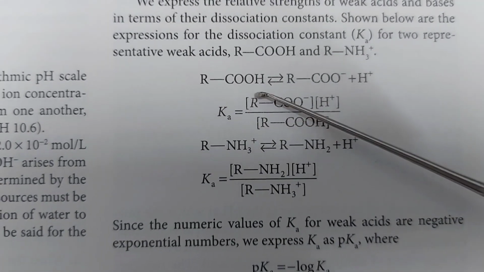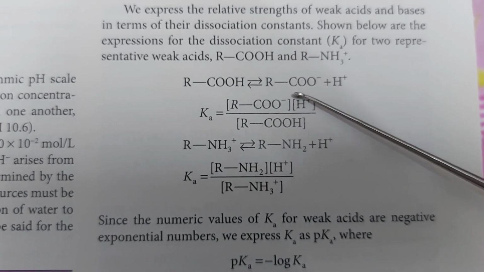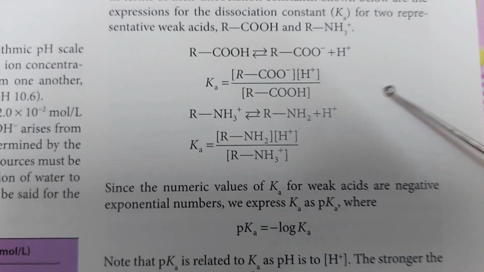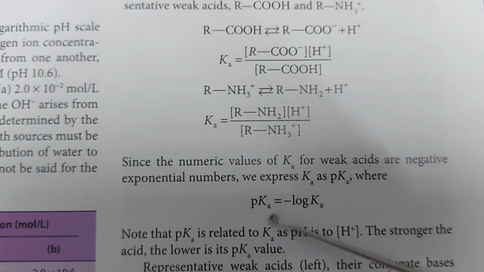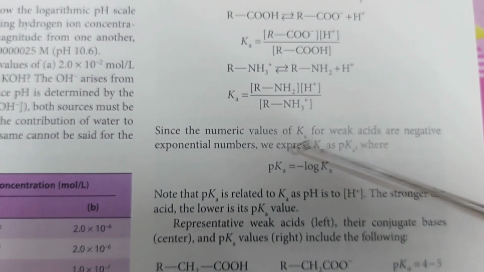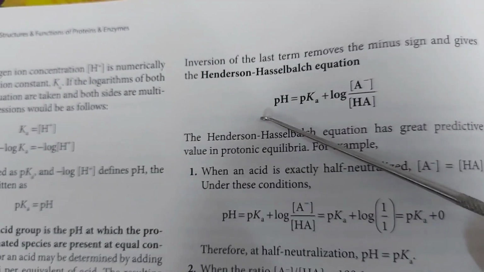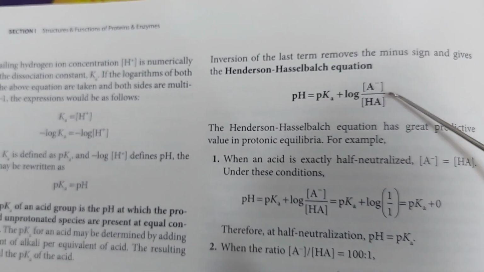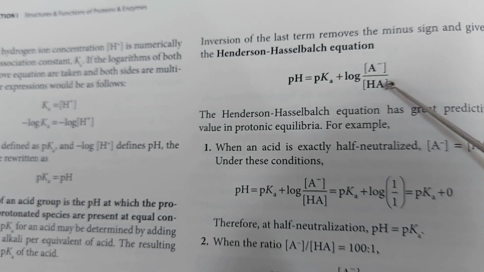Here we see a reaction where there is a weak acid and its conjugate base, and here is the dissociation constant, and the negative logarithm of this constant forms the pKa. The Henderson-Hasselbalch equation shows that pH is equal to pKa plus log of the concentration of the conjugate base divided by the concentration of the acid.